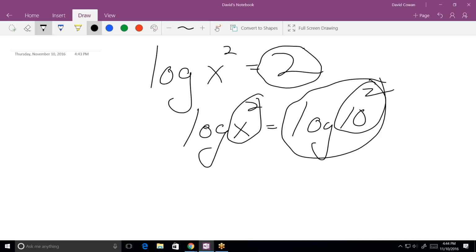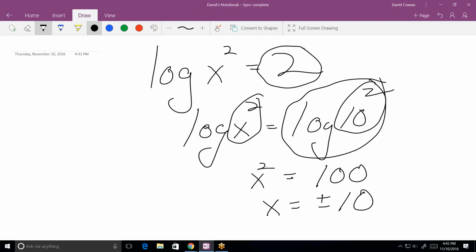If you've got the log of something equals the log of something else, then the first thing is equal to the second thing. And then if I solve that, x is equal to plus or minus 10. Second method.